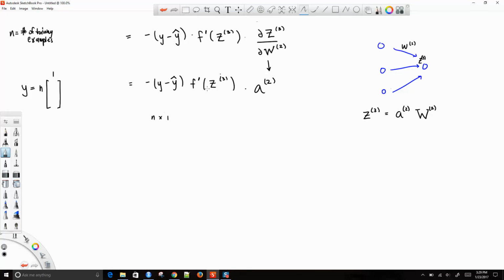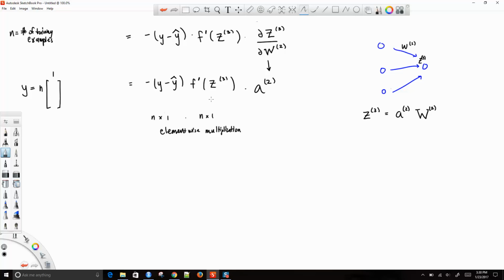And then if we look at our Z3, what are the dimensions there? This is also n by 1, and this works by doing element-wise multiplication. Z3 is n by 1, and f prime of Z3 is also n by 1.